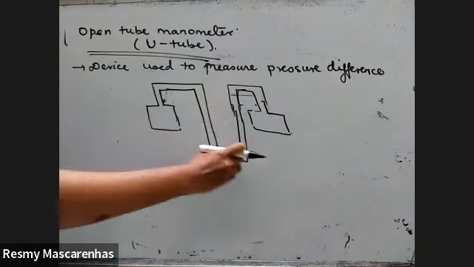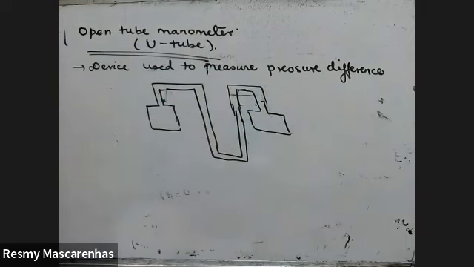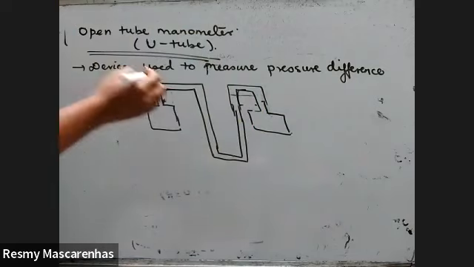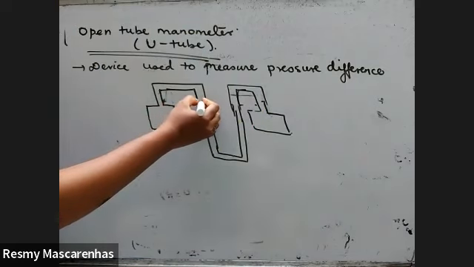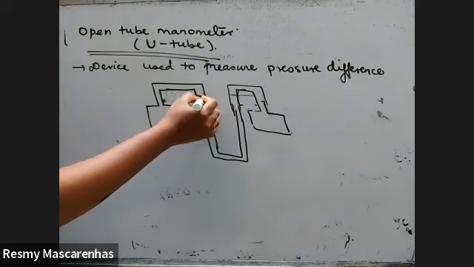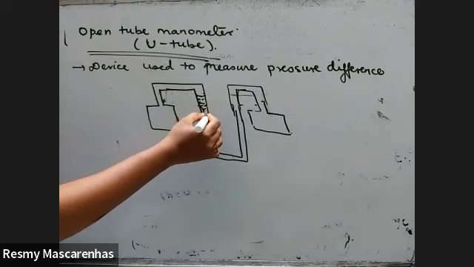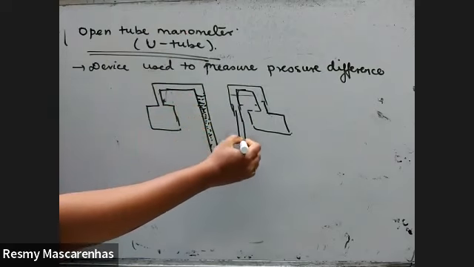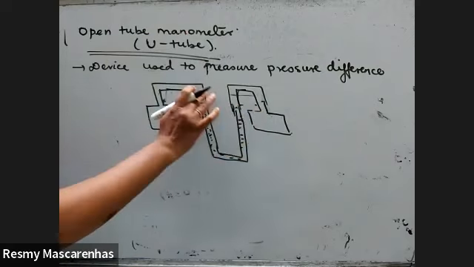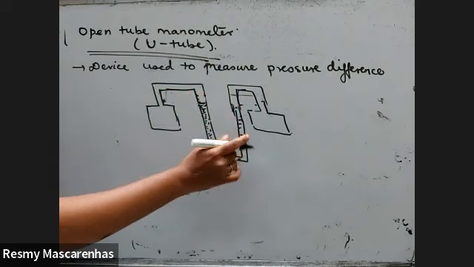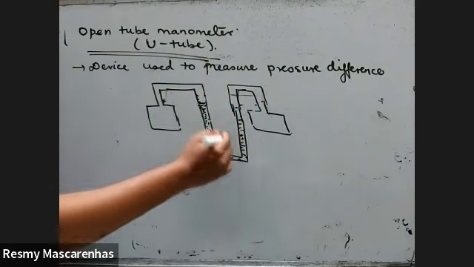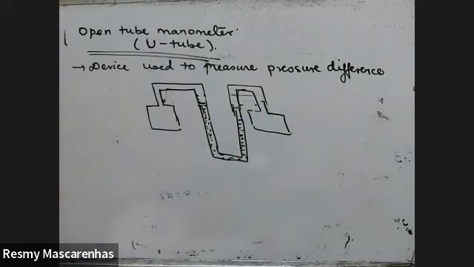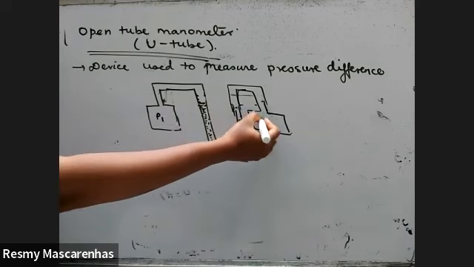Because of the shape U, it is called a U tube. It works on this basis: suppose there is a liquid or fluid filled in this. Now there is a pressure over here, and there is a pressure on this side also.